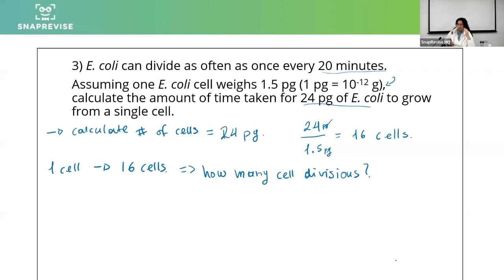Well, you can sketch that out in your head. So one cell becomes 2, that's one cell division. 2 cells become 4, that's a second cell division. 4 cells become 8, that's a third cell division. And 8 cells become 16, because that's what I worked out here. That's a fourth cell division. So I need 4 divisions to take place.